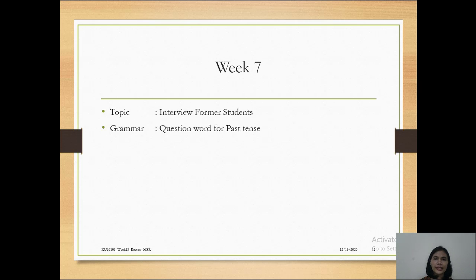For week 7, we talked about interviewing former students and how to form questions. The grammar we discussed was past tense, specifically the question words for past tense. That's the material for week 1 until week 7.